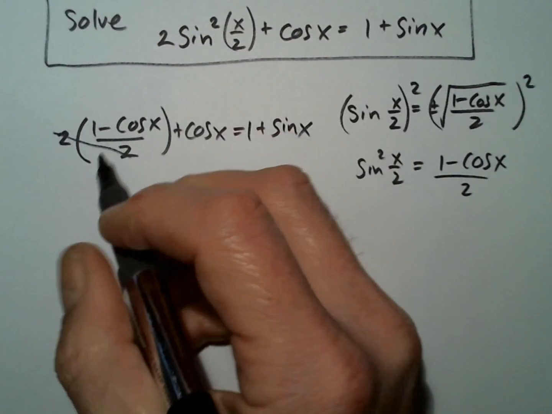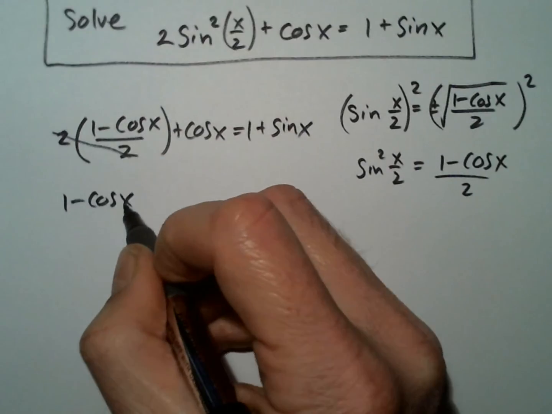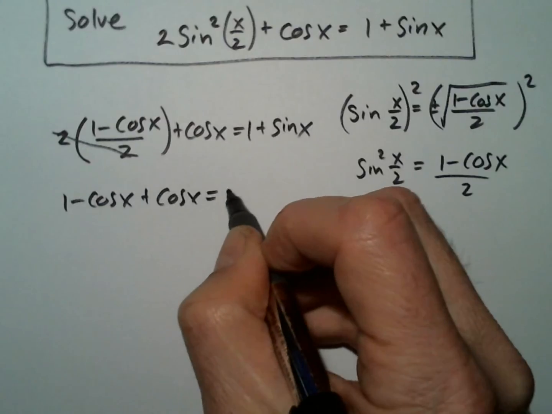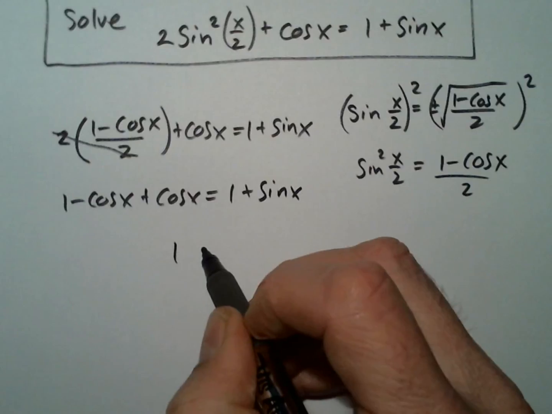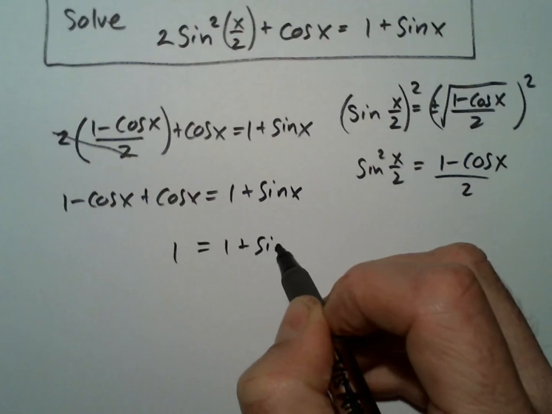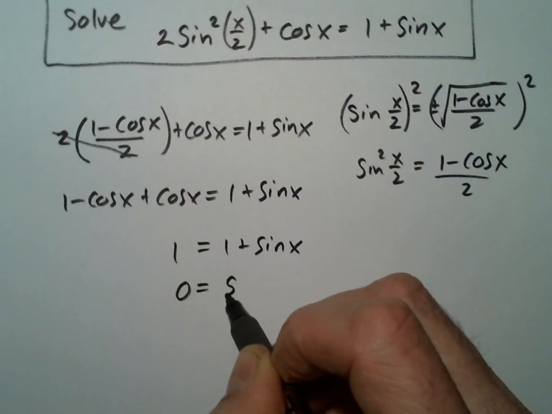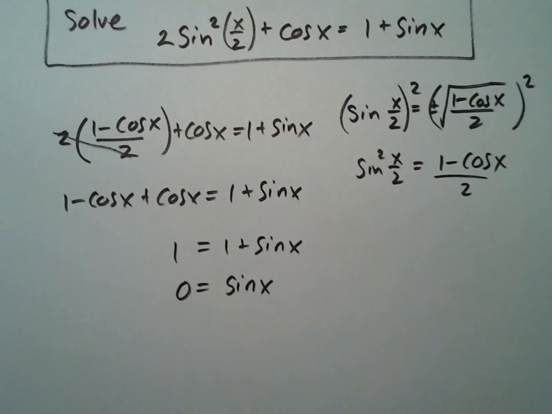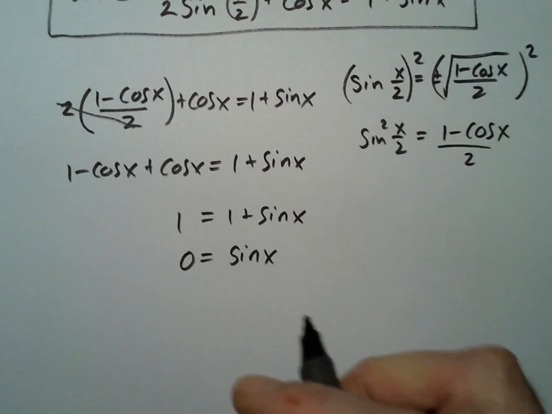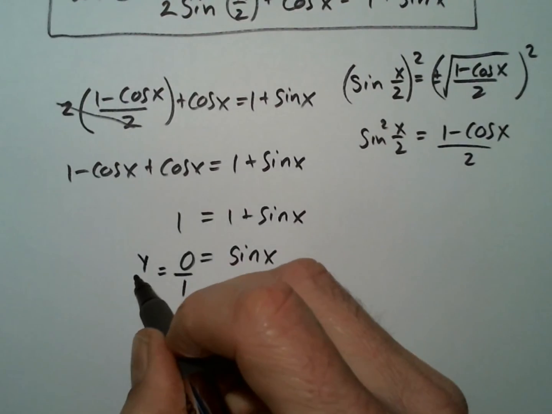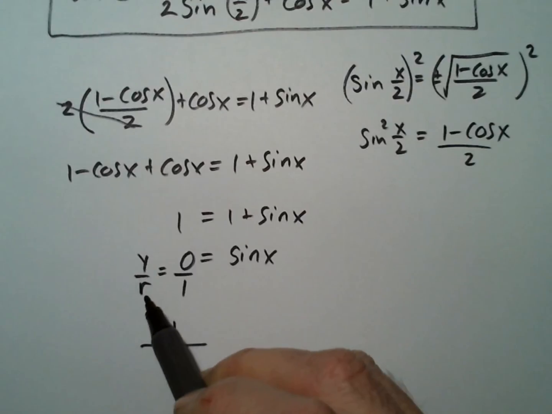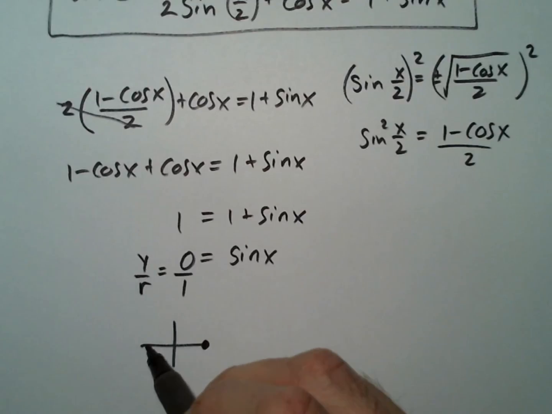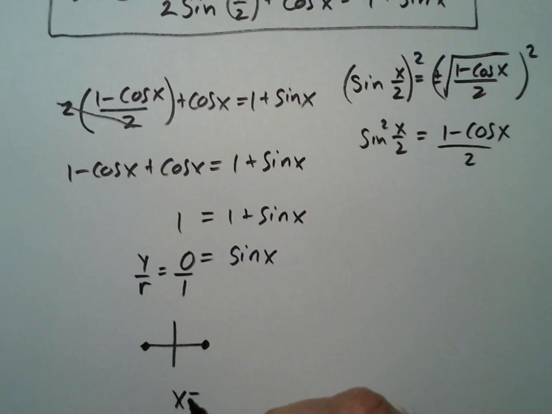We can cancel that. 1 minus cosine plus cosine. So here we're going to have a 1. So what angle has a y value of 0 and a radius of 1? The y value of 0 is there. So we get 0 and pi.